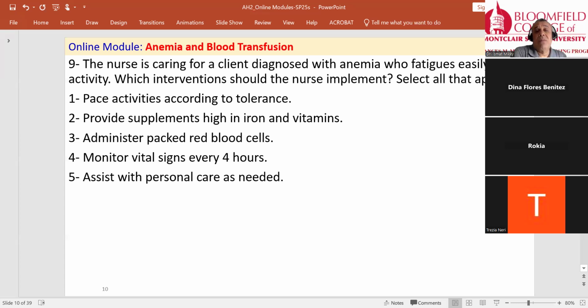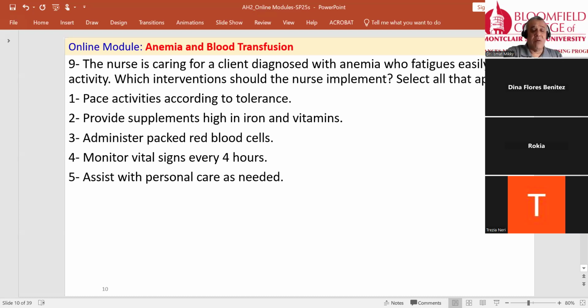That's all. It didn't say if this is iron deficiency, folic acid, B12, pernicious anemia, or anything else. We don't know. But we have to answer the question based on the given scenario. According to the given scenario, I would go with anemia.